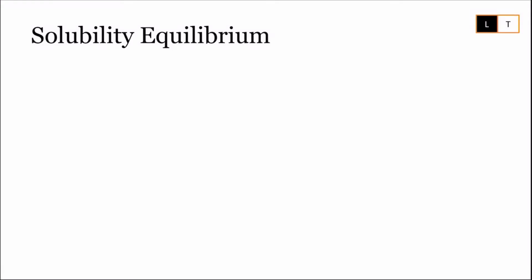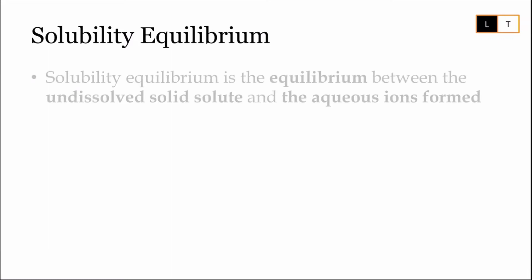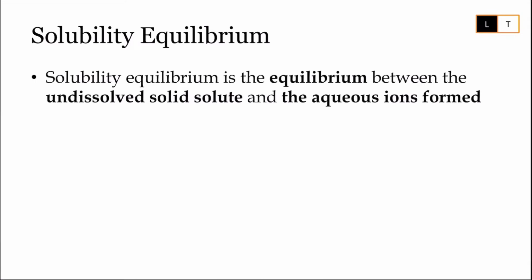Next, we are going to discuss solubility equilibrium. So apa tu? Solubility equilibrium adalah equilibrium antara undissolved solid solute with the aqueous ions formed. For example, awak ada formation of ions Ag+ and Cl- daripada AgCl solid.